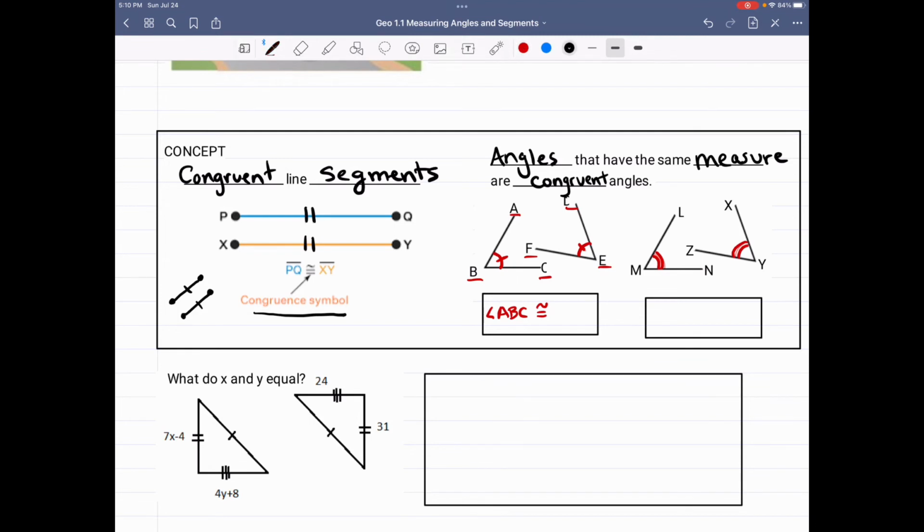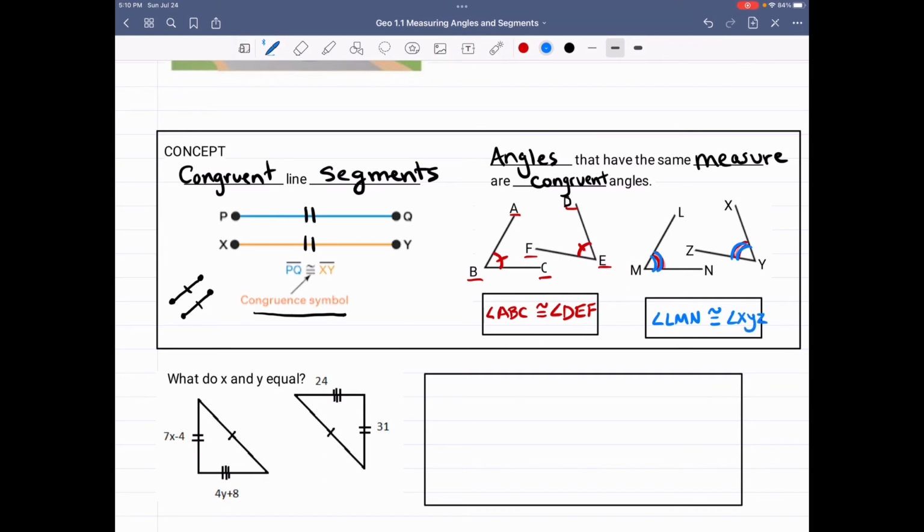You can just fill it in with your pencil. So it's congruent to angle DEF. I'm going to choose a different color for this next one. We have the 2 arcs. We have angle LMN is congruent to angle XYZ.